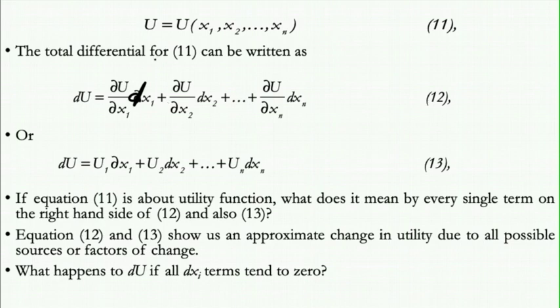Then the total differential can be written as: du equals delta u over delta x1 times dx1 plus delta u over delta x2 times dx2 plus until n. Or we can replace this with u1, this one with u2. They are just the same thing anyway.